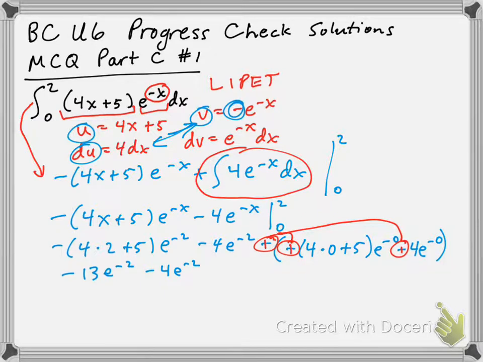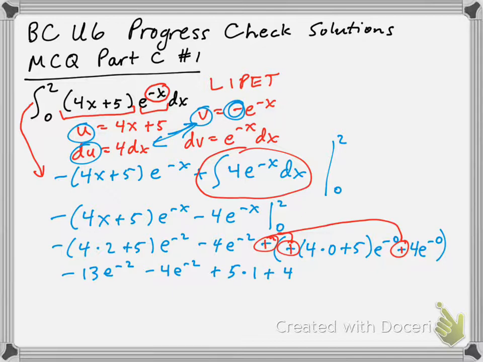So we don't have to worry about minus signs anymore. We have plus 4 times 0 plus 5. 4 times 0 is 0, times 5, and e to the negative 0 is e to the 0, which is 1. And then plus 4 times e to the negative 0 again. e to the 0 is 1, so plus 4.